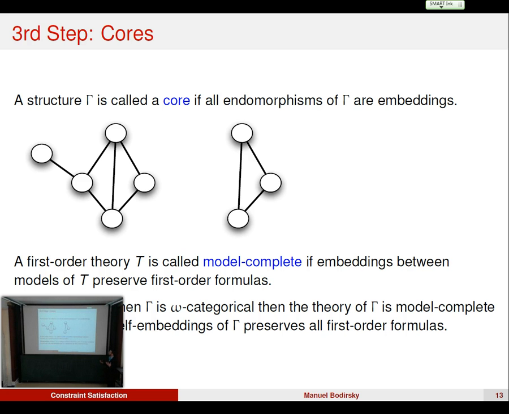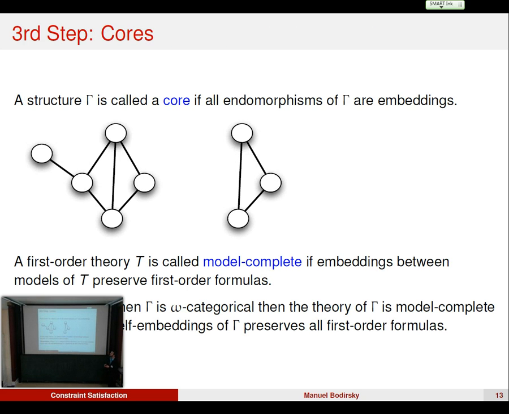So homomorphisms between models become endomorphisms, and embeddings between models become self-embeddings. So when gamma is omega categorical, the theory of gamma is model complete if and only if the self-embeddings preserve all first-order formulas. In other words, the automorphisms are dense in the self-embeddings.